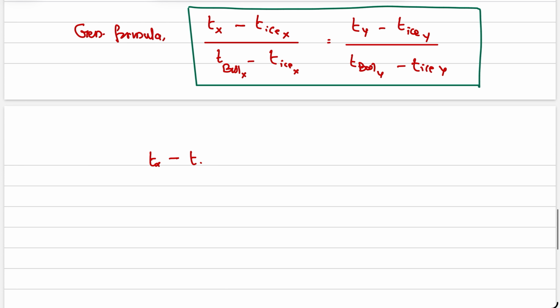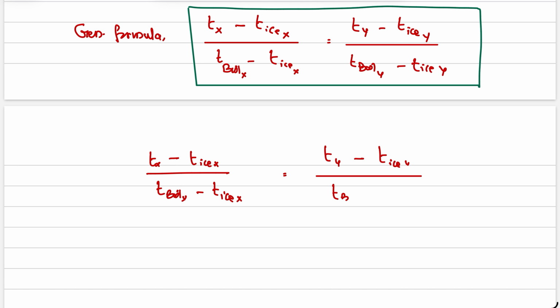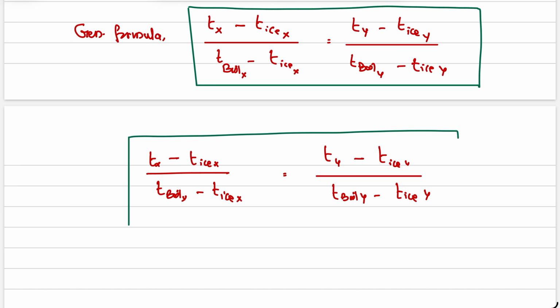Tx minus T ice in x scale divided by T boiling in x scale minus T ice in x scale is equal to Ty minus T ice in y scale divided by T boiling in y scale minus T ice in y scale. It looks simple, but however, please remember this.